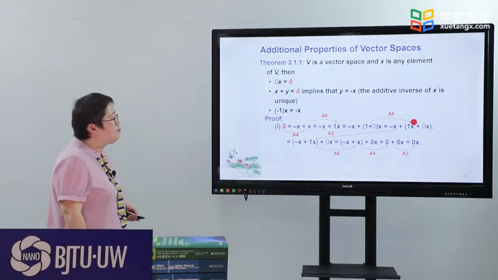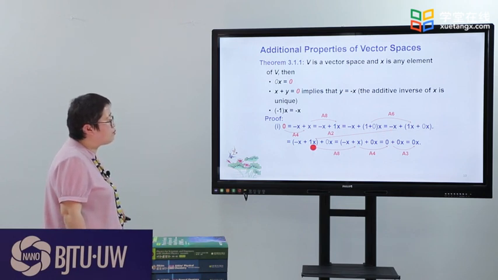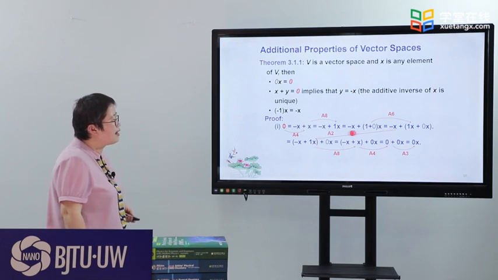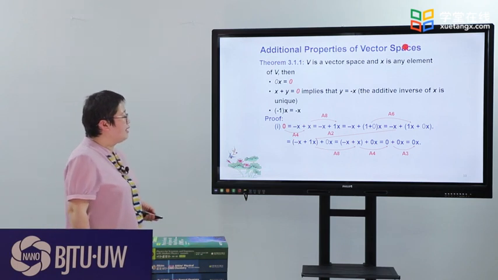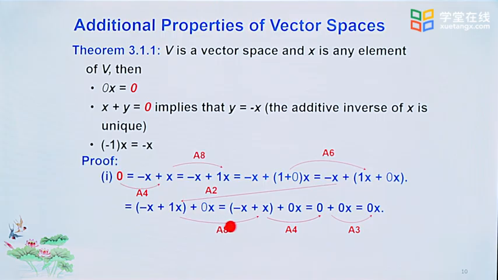And then we combine the two terms first, which is minus x plus 1x. This is from axiom 2, so we can have this combination plus 0 times x. And from axiom 8, again, we know 1 times x just equals x.